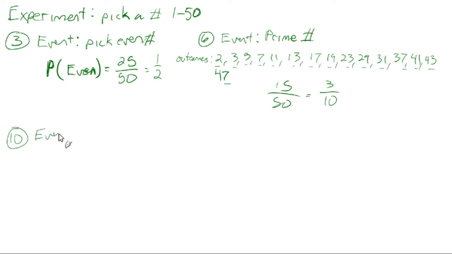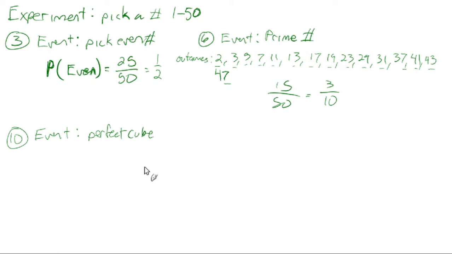Number 10, the event described is perfect cube. And this is a funny thing. It's almost counterintuitive, but then it makes a lot of sense. If you want to think about the perfect cubes, you think, what's a perfect cube? I know 27's a perfect cube. I know 8's a perfect cube.